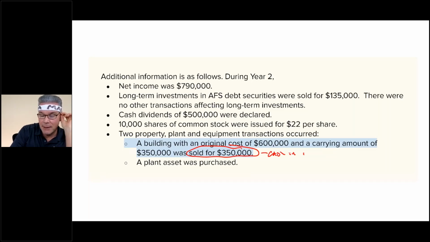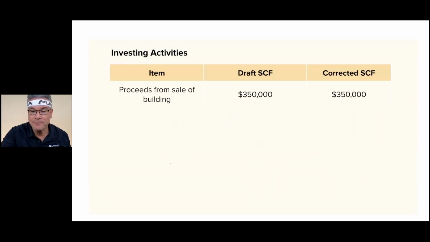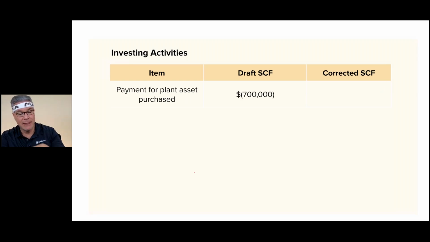Cash in investing. So that's part of our LIP. Okay, you make a loan, you're the lender. You're on the lender side, the L for lender. Change in investments, PP&E, it's all part of our non-current assets. Proceeds from the sale of the building, they did the right thing. Cash inflow investing, that is correct.